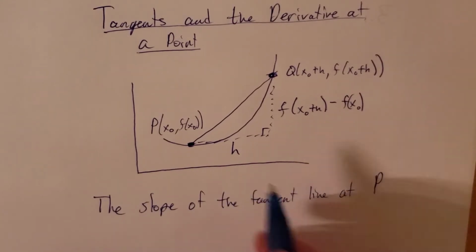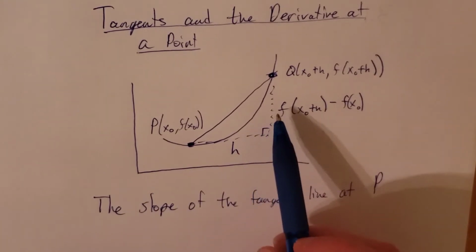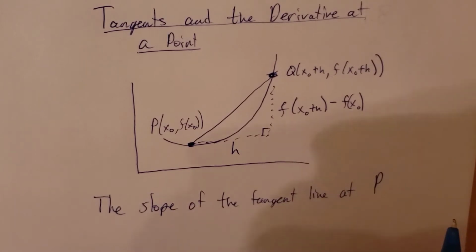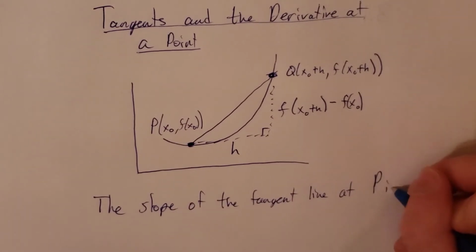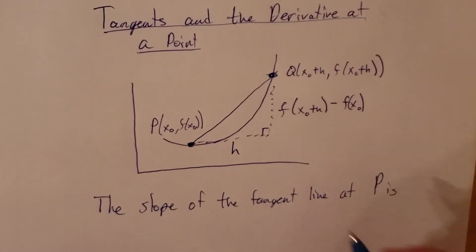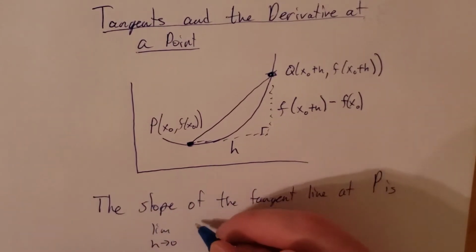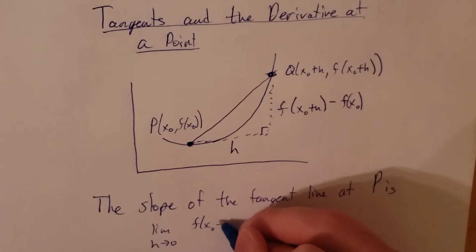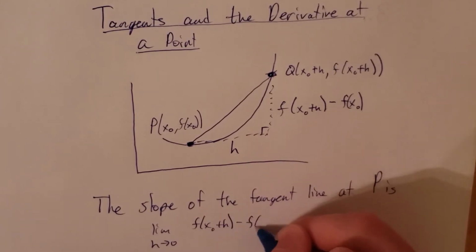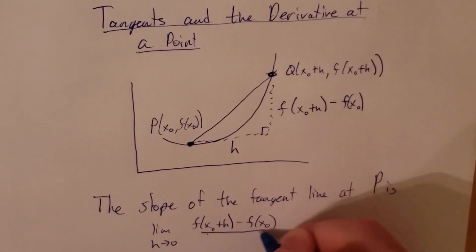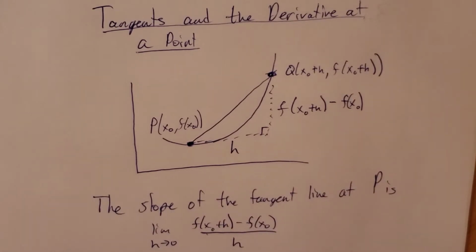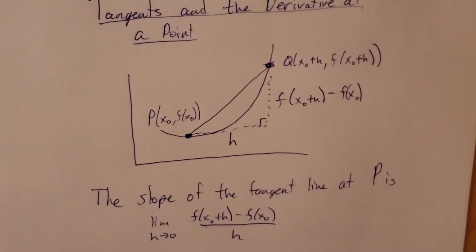Sorry, we take the limit as h goes to 0 of the slopes of these secant lines. So this is the limit as h goes to 0 of f of x naught plus h minus f of x naught, all divided by h.